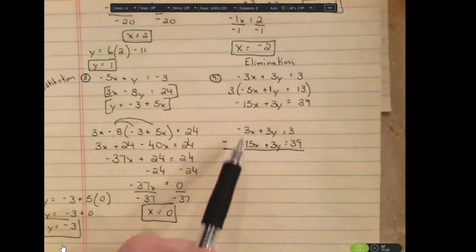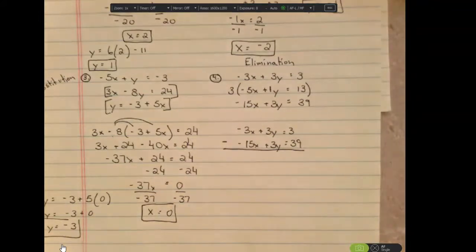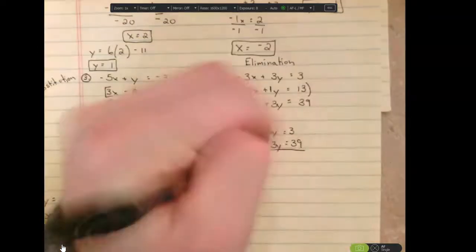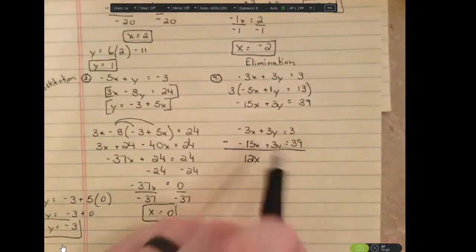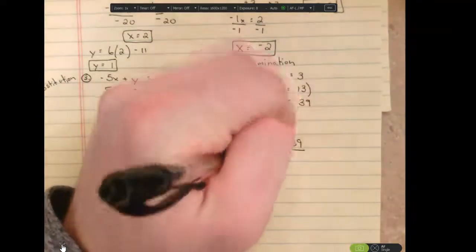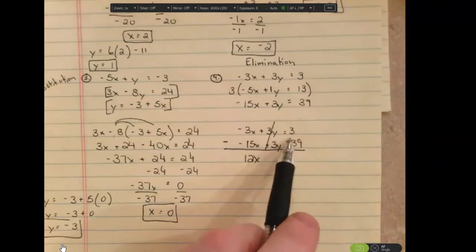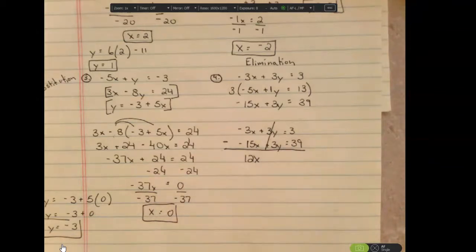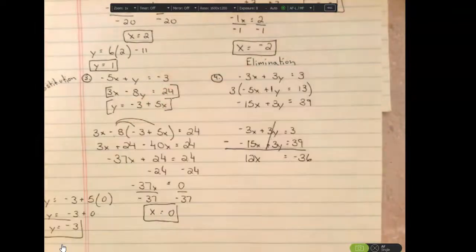So let's begin. -3 minus -15 is going to give me 12x. 3 minus 3, 0. That's what we're aiming for. That's what you're trying to get on all these elimination problems. 3 minus 39 is going to give me -36.